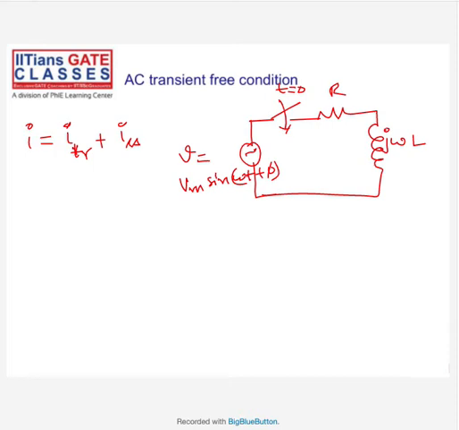So I transient will be some k into e power minus t by tau, plus ISS. You have to find the value of ISS, which is nothing but the steady state value.